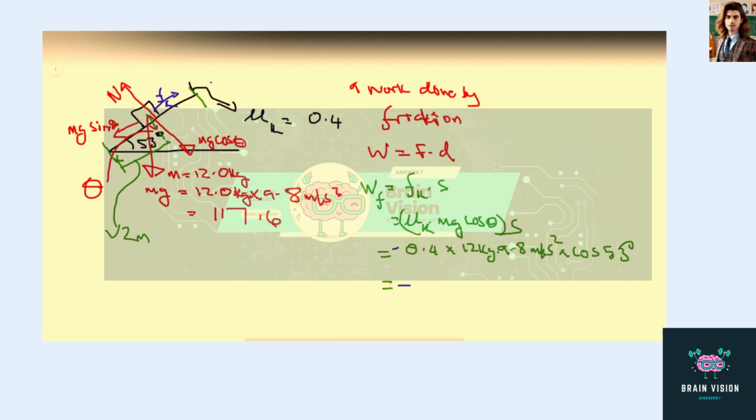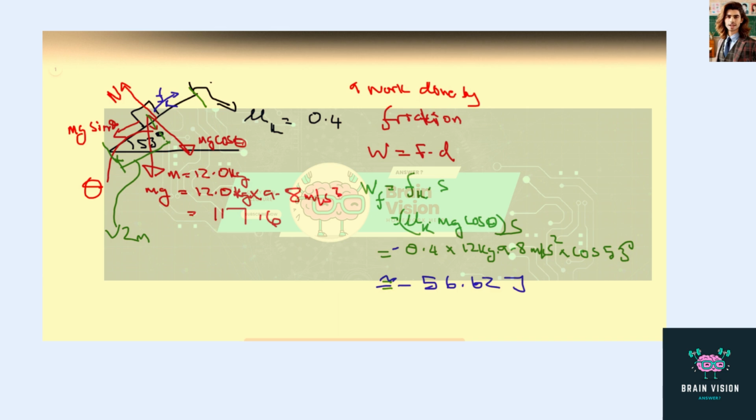If you punch in the numbers, you get an approximate value for friction of negative 56.62 joules. Remember, work is measured in joules. You also have to remember cosine of 53 is in degrees.